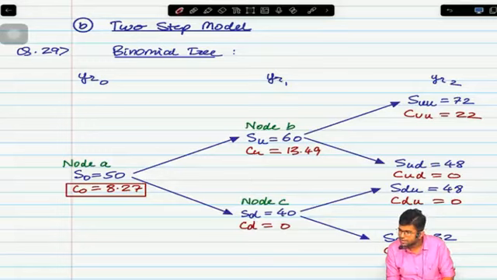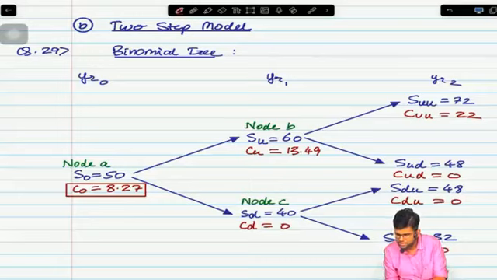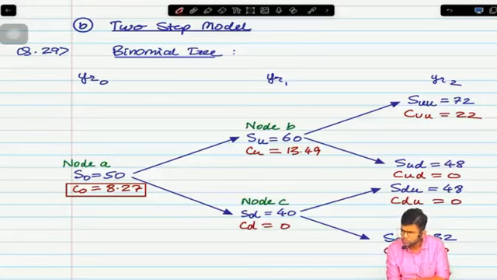I did not understand, what are you saying? SDU 48, so its probabilities will have to be separated. But do it normally, in the money, no problem. You will get some value there.